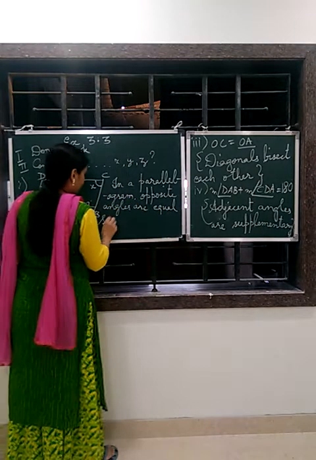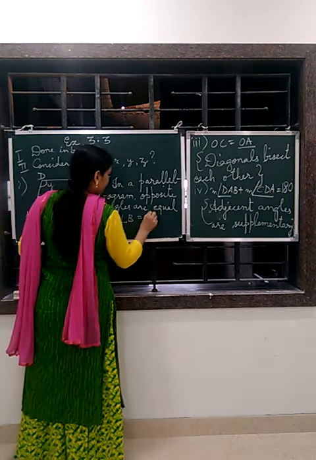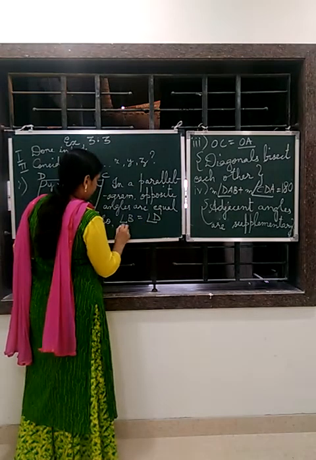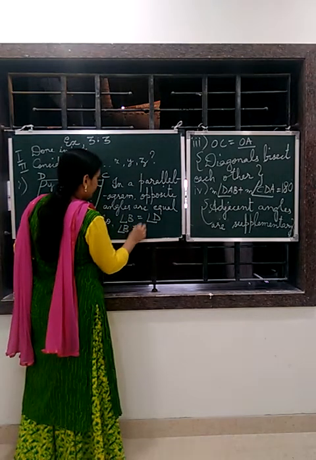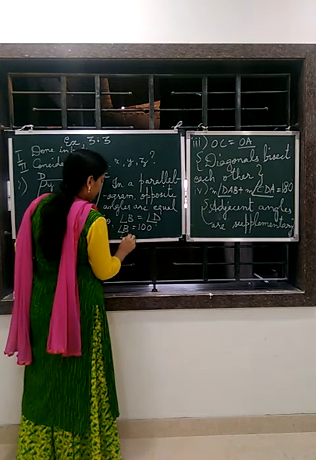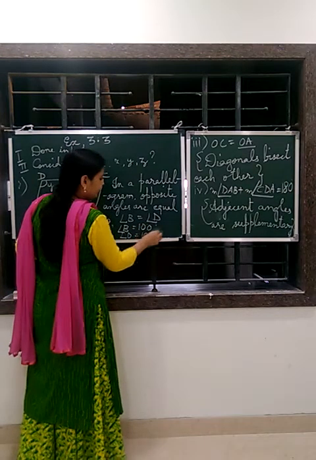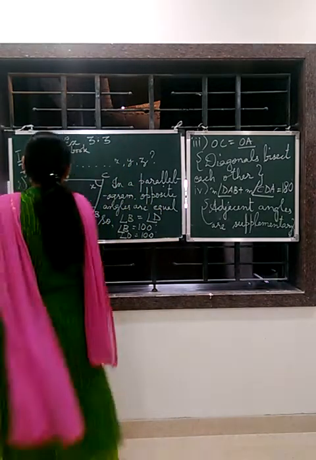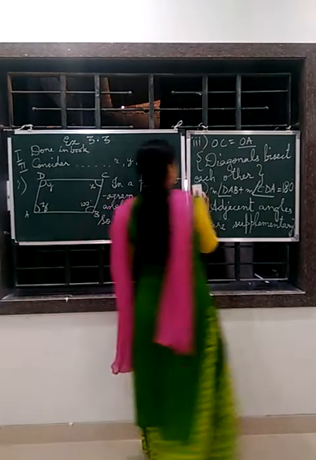So, angle B is equal to angle D. Angle B is equal to 100 degrees, so angle D is also equal to 100 degrees. That means the value of Y is 100 degrees.